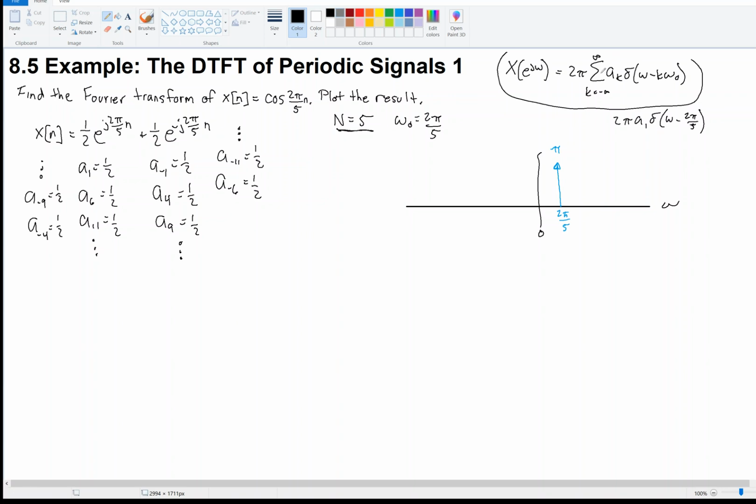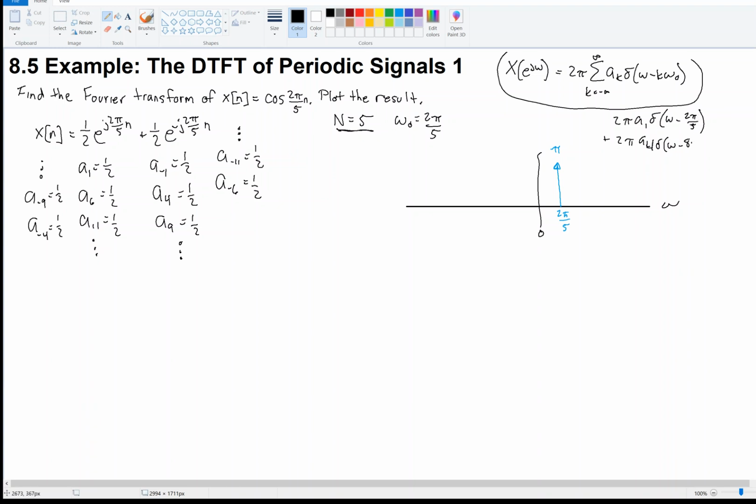Then we keep going, right? We have to keep going. So the k equals 2 term, A2 is not listed here. A2 is 0. A3 is 0. A4 is 1/2. So we're going to try the k equals 4 term. This is 2 pi times A4, right? We're going to add this to our sum, A4, delta of omega minus 4 times 2 pi over 5.